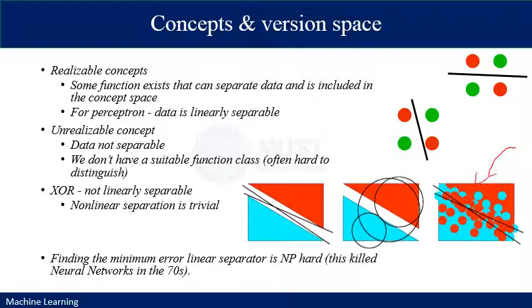There are situations where data of positive and negative classes is mixed. There may be several reasons, such as noise, which is one of the most common, or that we do not have suitable function classes, or that it is often hard to distinguish between the feature attributes and the target classes.